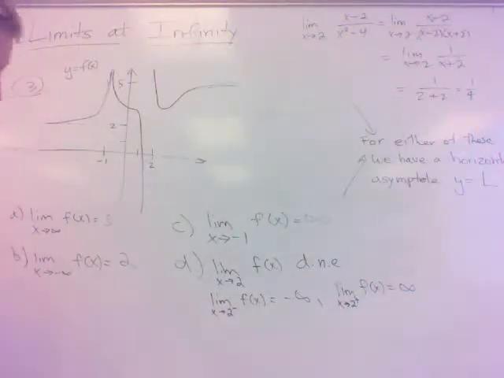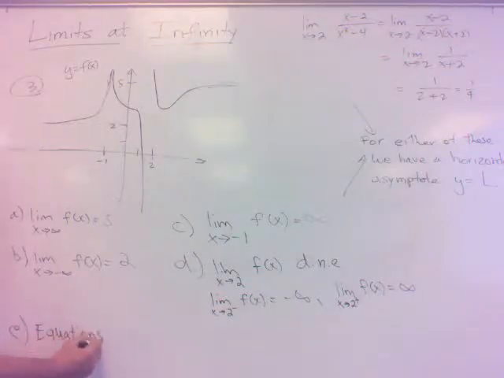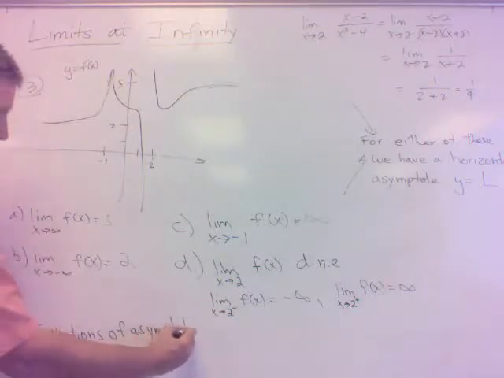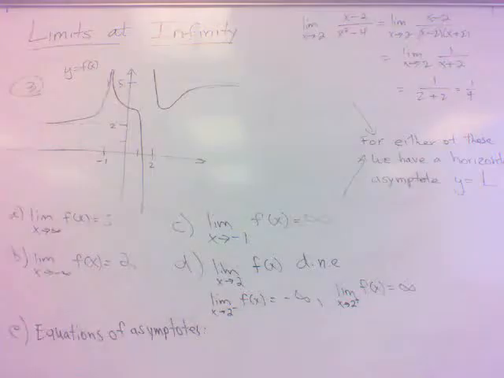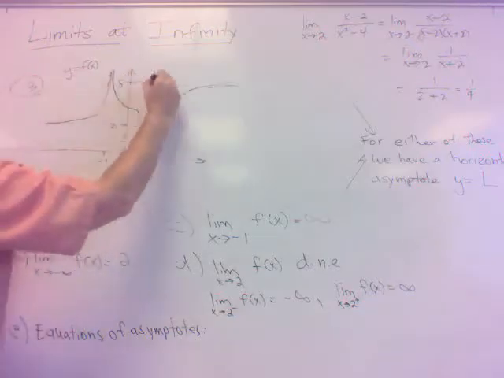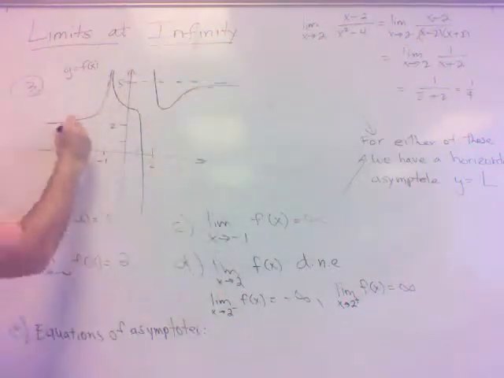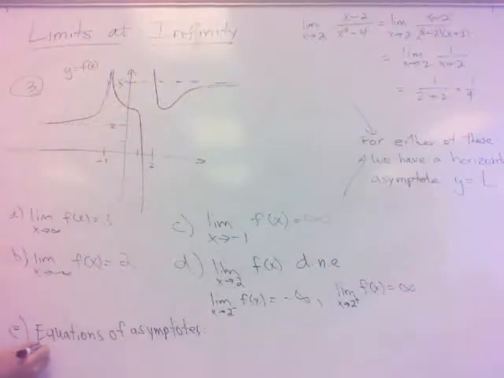Okay, and the other thing they'll ask, E part, what are the equations of the asymptotes? Well, we just talked about the horizontal ones. I do have two horizontal ones. I've got one at 5, and I've got a horizontal one at 2. And remember, on the horizontal ones, their equations are y equals a number.